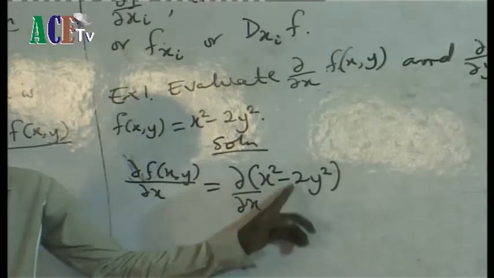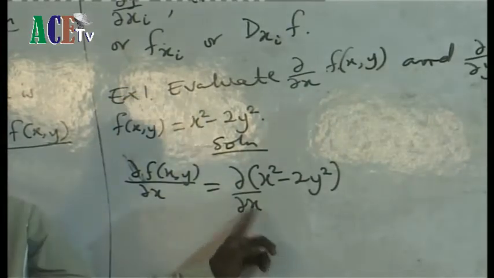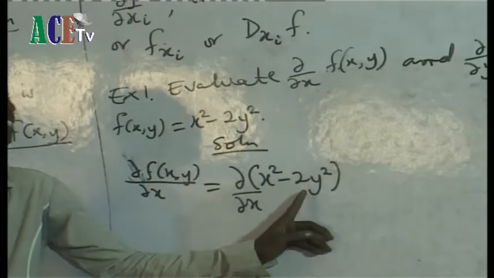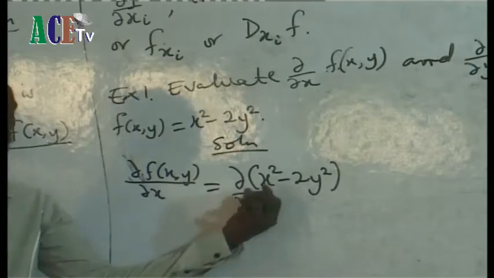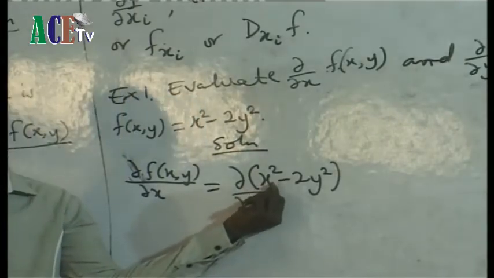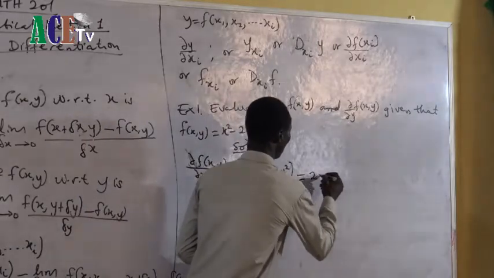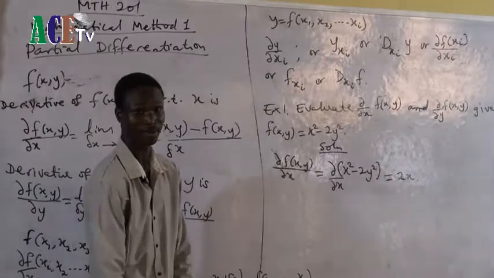It means I want to differentiate this function with respect to x. Here there is no x there, then it's a constant, perfectly constant with respect to this. Then the derivative of this term will be 0. Now we'll concentrate here. Differentiate x raised to power 2. This one will give me 2x. That's all for that.